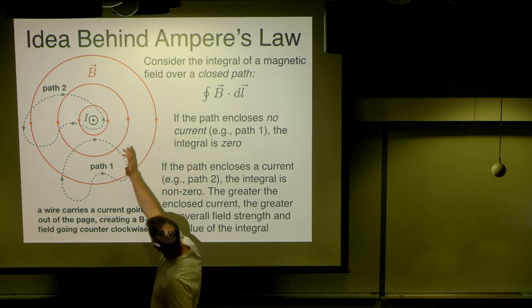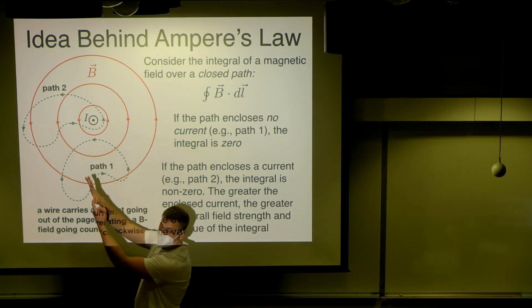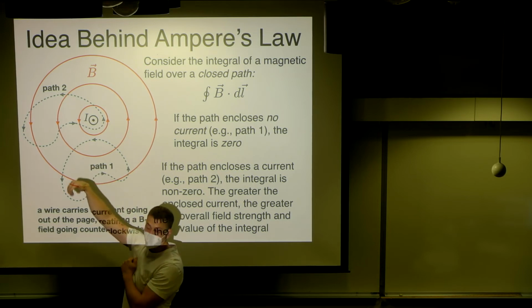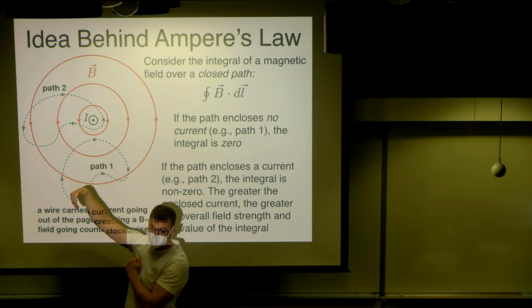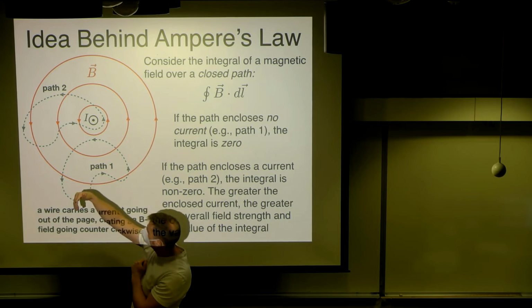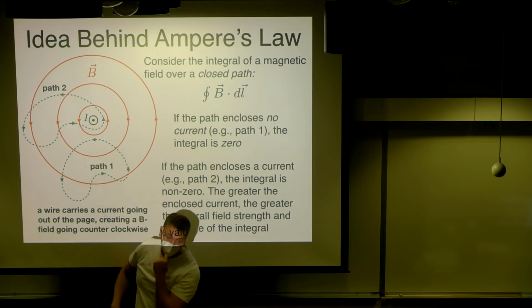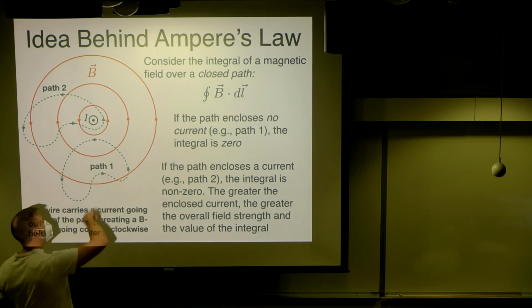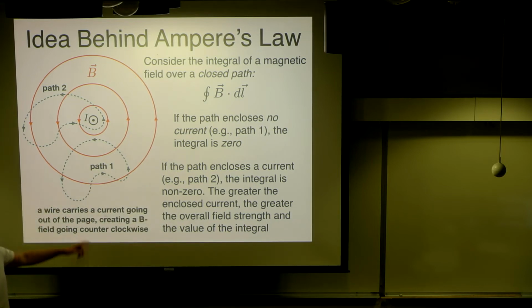We know it's given by the right-hand rule. So thumb in the direction of the current, your fingers end up curling in the direction of the B field like this. So it looks like it's going counterclockwise. Your B field lines are just loops that go around the current. That's shown in red. That's just what the B field looks like.